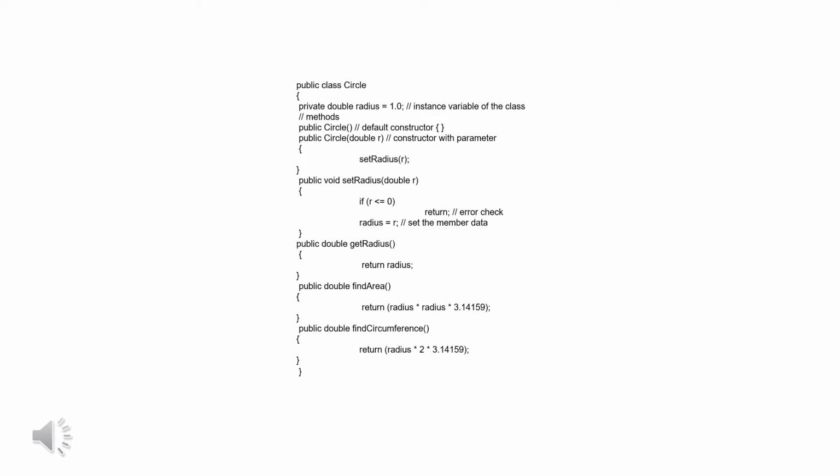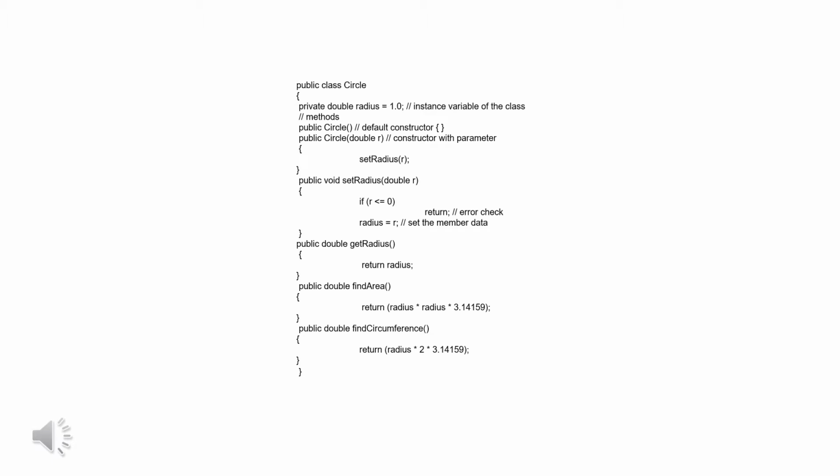The first one is set radius. So what it does, it receives a value, right, the radius, checks that value. If that's greater than 0, then we'll assign that value as a value of the radius of this circle.